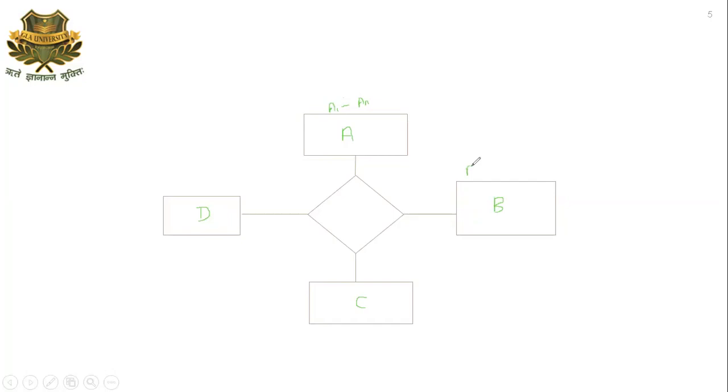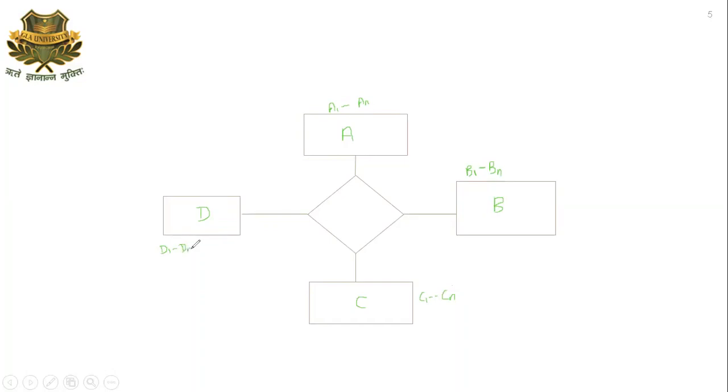B has attributes B1 to BN, and B1 is the key attribute. C has attributes C1 to CN, and C1 is the key attribute. And D has attributes D1 to DN.